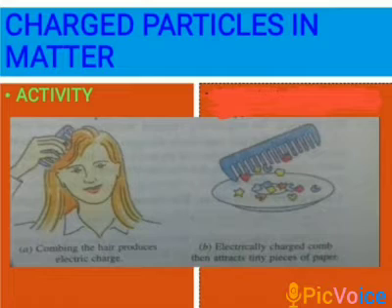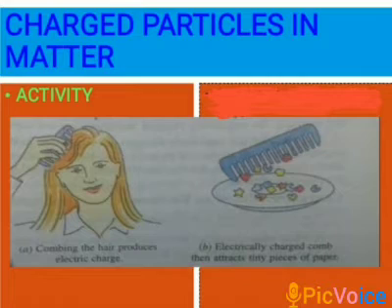We already know that an electrically charged object can attract an uncharged object. This means that on rubbing with dry hair, a comb gets an electric charge, and on rubbing with silk cloth, a glass rod also gets an electric charge.